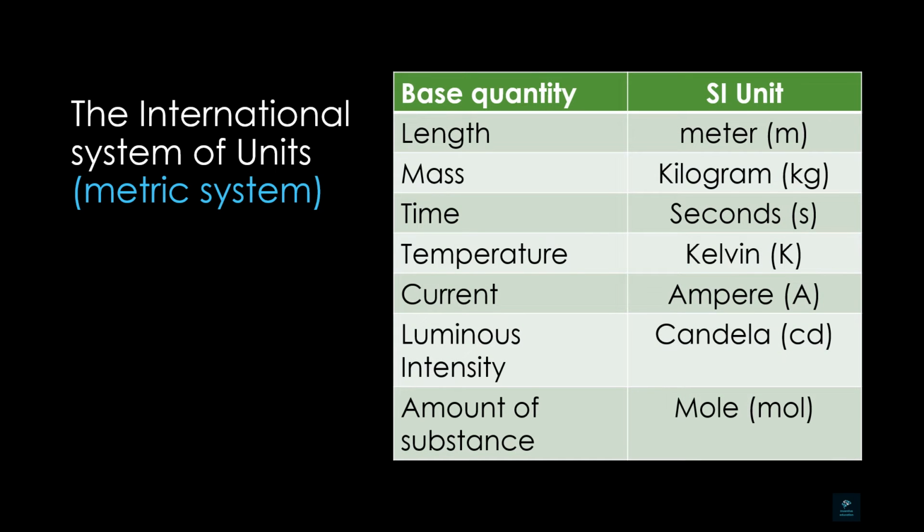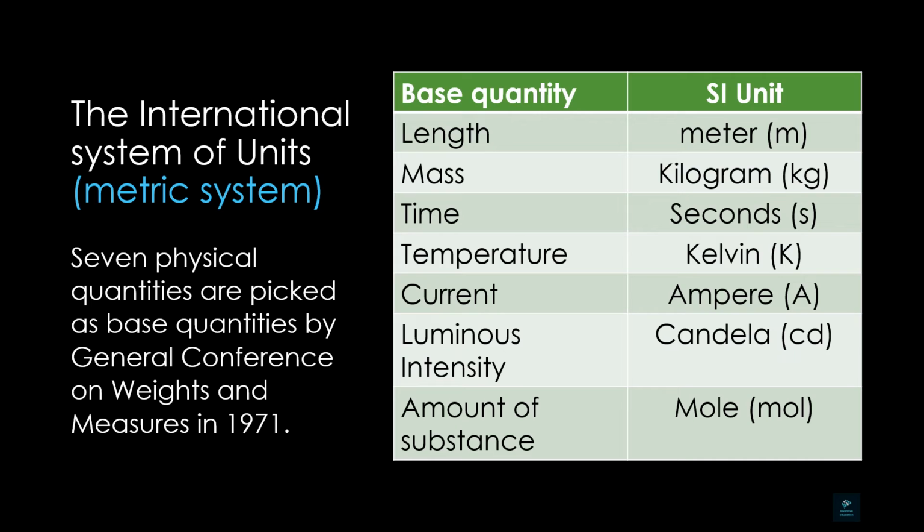Now there are a few systems of units used to express measurements. The internationally accepted system of units is SI units, also called the metric system. In SI units, 7 physical quantities are picked as base quantities by the General Conference on Weights and Measures in 1971.